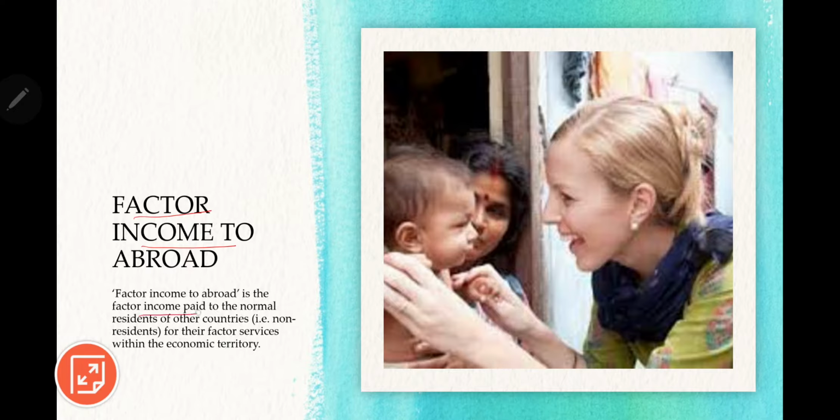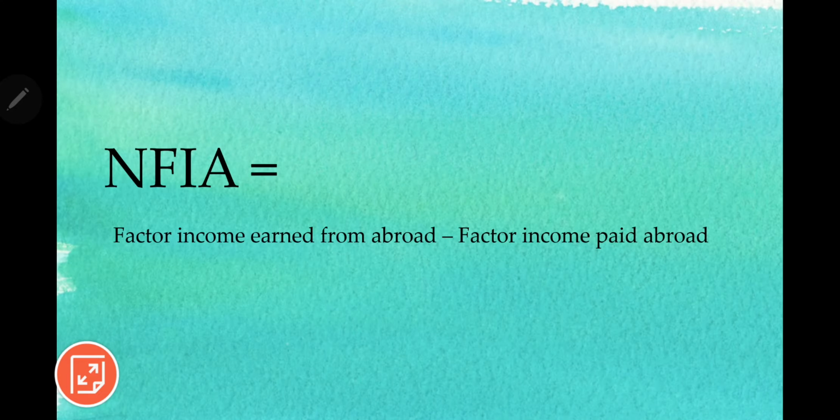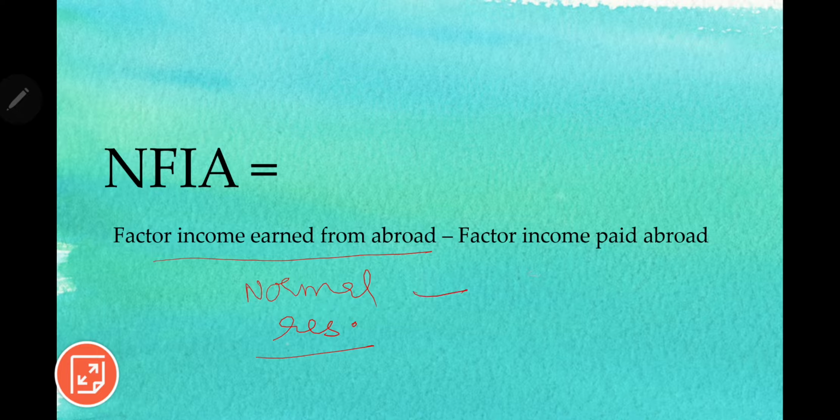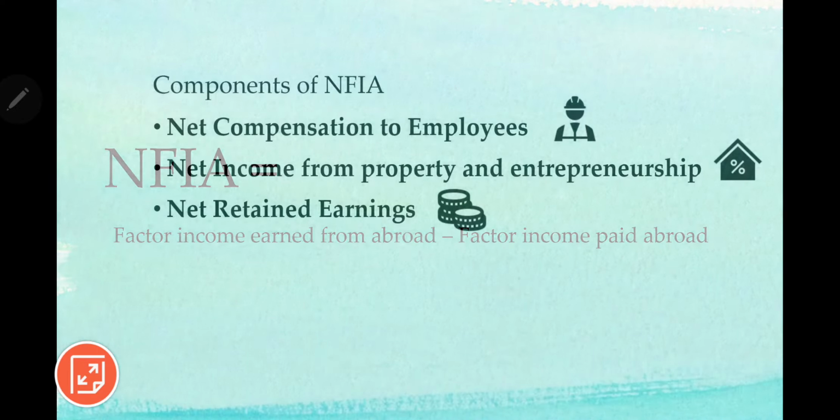It refers to the factor income paid to normal residents of other countries within our economic or domestic territory. Thus, by subtracting factor income paid abroad, that is income paid to non-residents who are located within our domestic territory, from factor income earned from abroad, that is income earned by our normal residents who are located abroad, we get NFIA or net factor income from abroad.